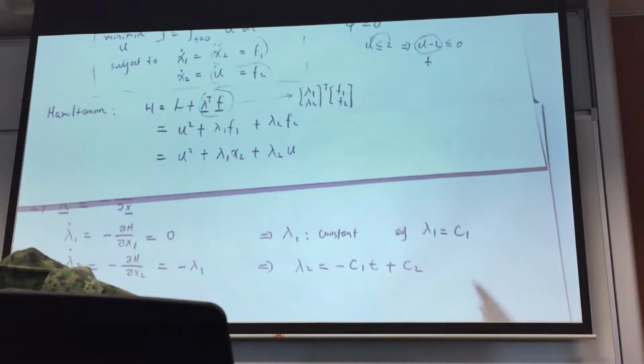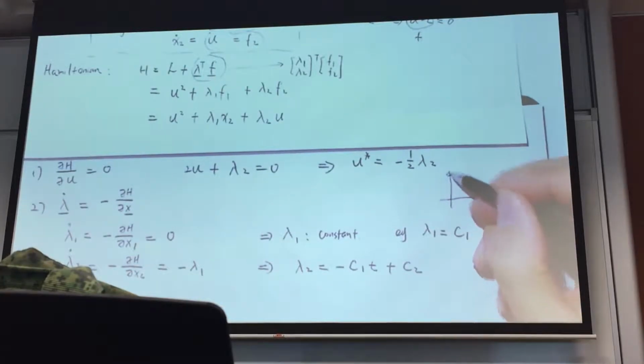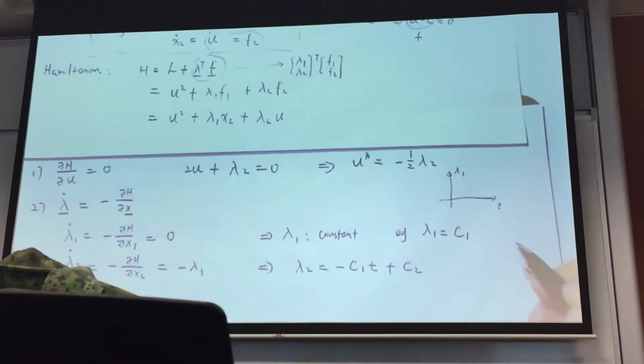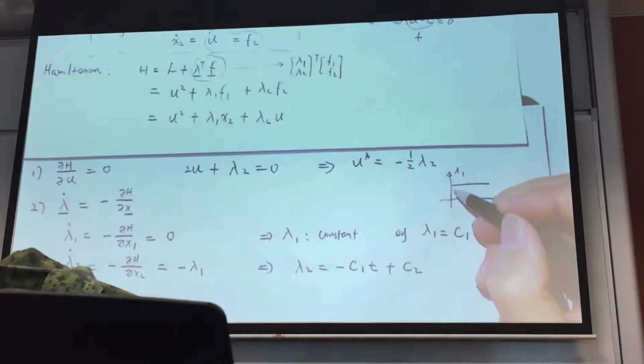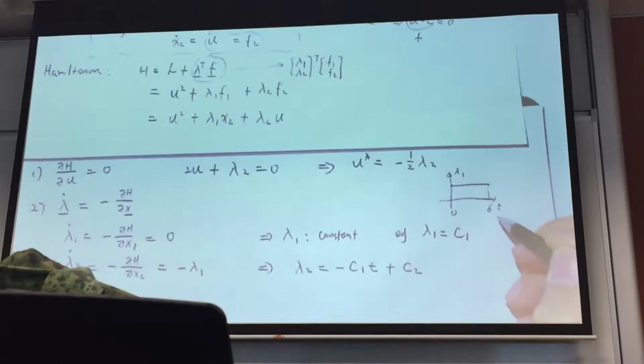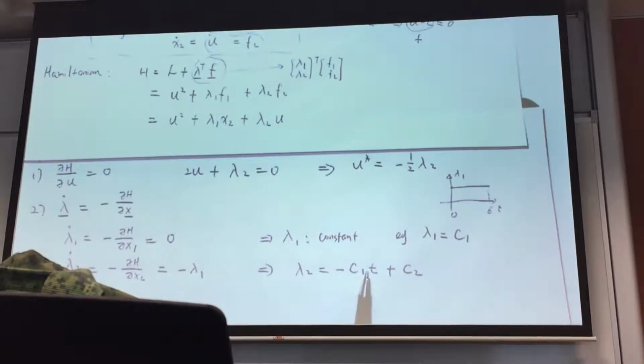If you plot lambda 1 with time, it's a constant, so it's just something like this. It will remain constant from 0 up to 6. Lambda 2 is a linear function of time.